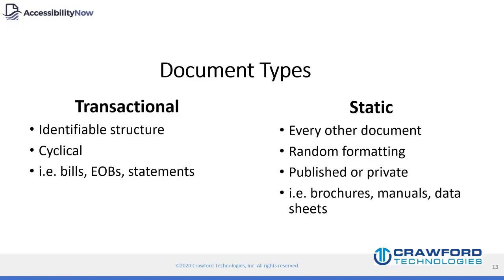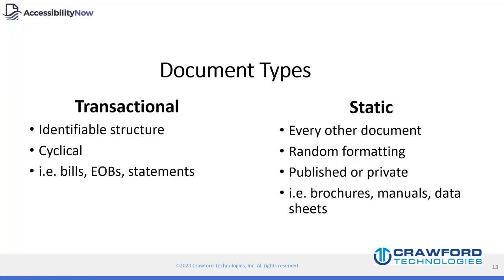The only things that are changing, the variable information, are typically the amounts, the quantities, the dates, but there might be two or three people that are receiving the same type of document, obviously with the variable information pertaining to each of their own personal information. And obviously, these are millions of documents that are generated per month. That's a typical transactional document.